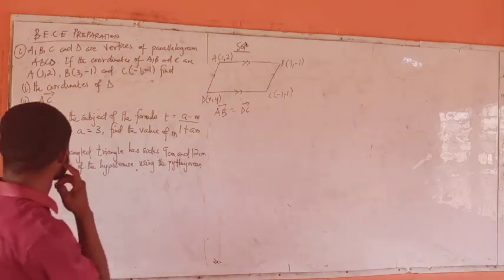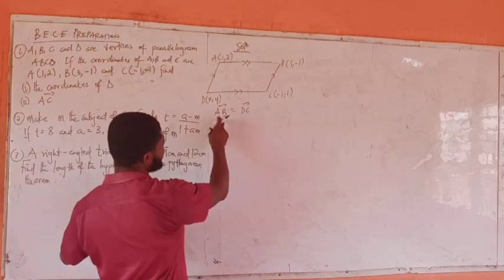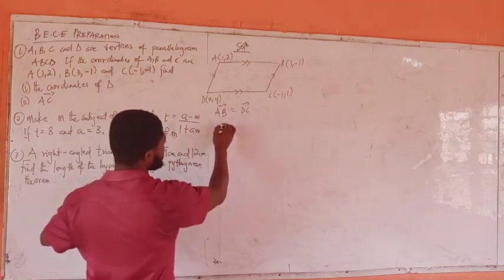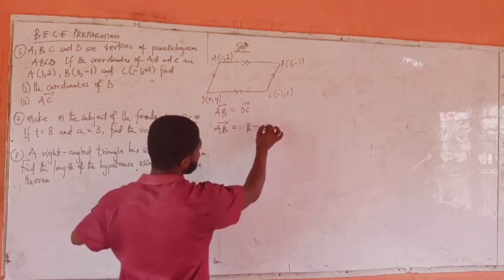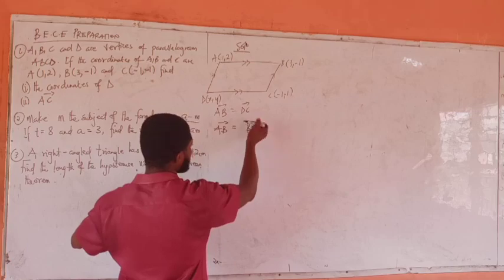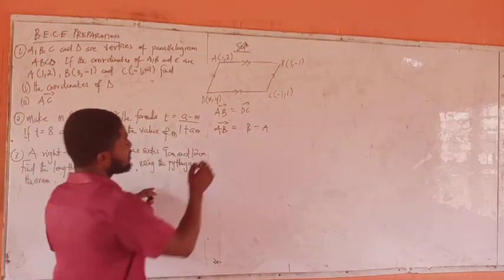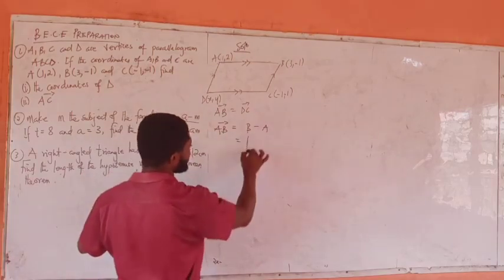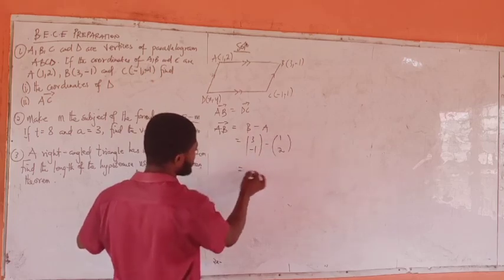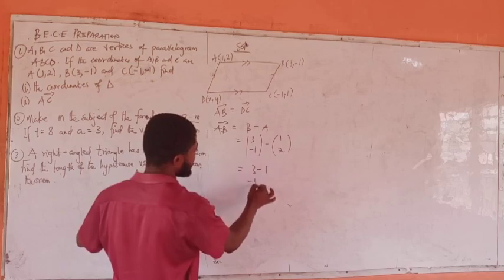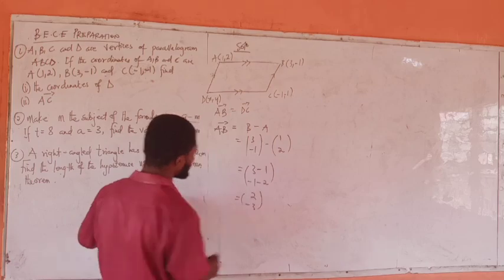So we can now find the value of AB. AB means B minus A. You take A from B, which is (3, -1) minus (1, 2): 3 minus 1, -1 minus 2. That would be (2, -3).